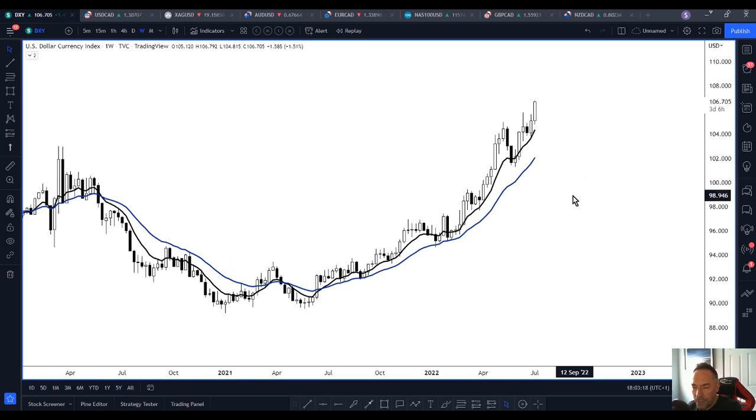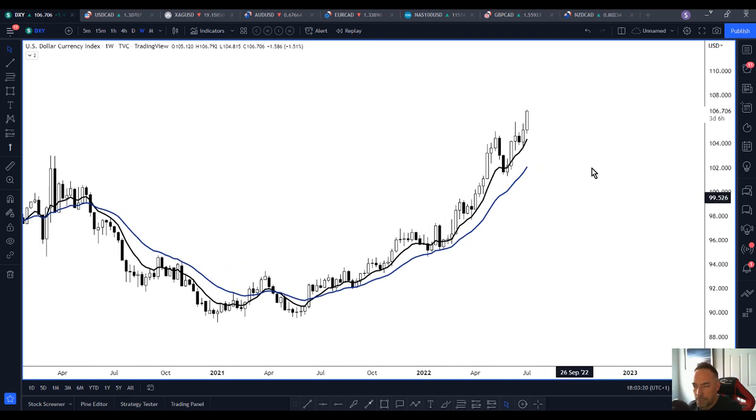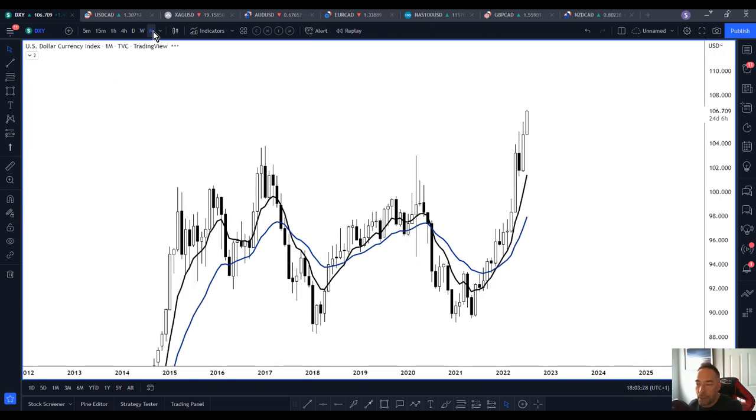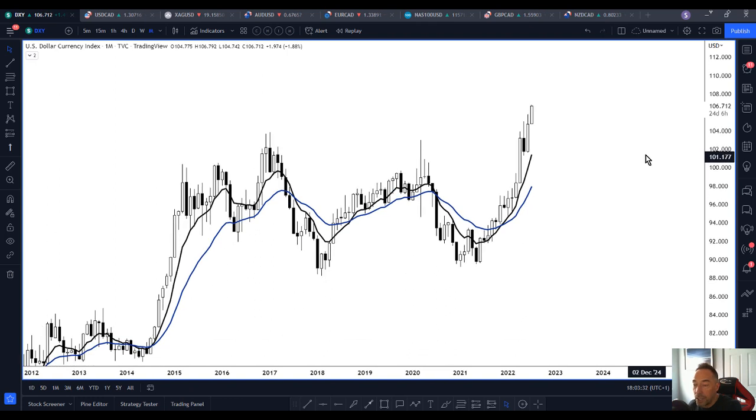Now, one thing I did earlier, because I am still looking, and I think Mark is too, for this to top out, if you like, and potentially, if you look at the monthly, have a correction. For me, it's really overextended on the monthly from this 8 moving average. Just like anything, I'd expect it to come back into that zone.